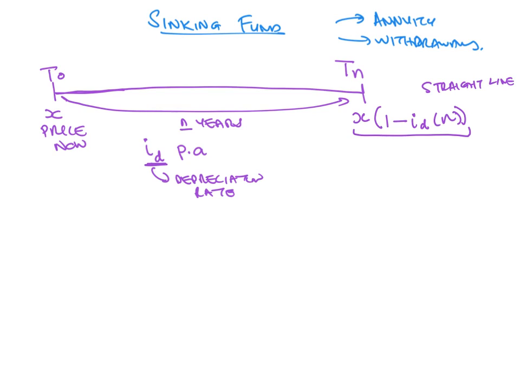Straight line depreciation is sometimes called simple depreciation, and it's analogous to simple interest because you can see that the number of years is multiplied to the interest rate. So that's one way to do it.